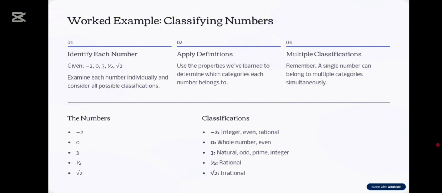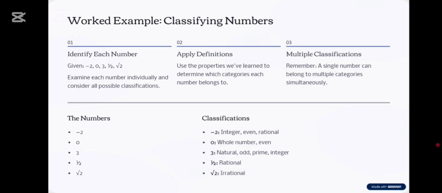Because a number can be in other categories. It's not that if it's an even number, then it's forever just an even number. That is wrong. For example, 2 is an even number, and again, 2 is a prime number.